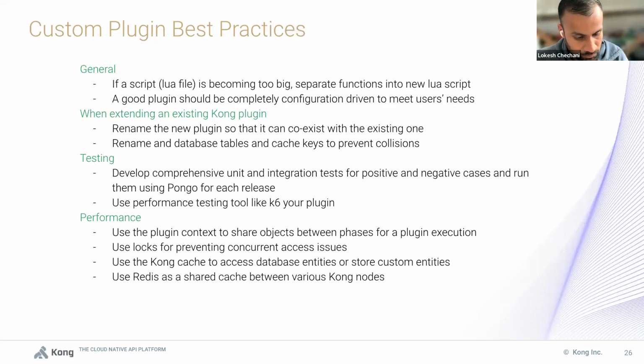Because at a certain time the customer asks, and even the developer asks, is there anything I need to know in order to know what a plugin could look like. So there are a few general rules around it. Say if your script, which is a Lua file, the handler.lua, is becoming too big, you can just separate it out into different modules, and then you can refer to an individual file.